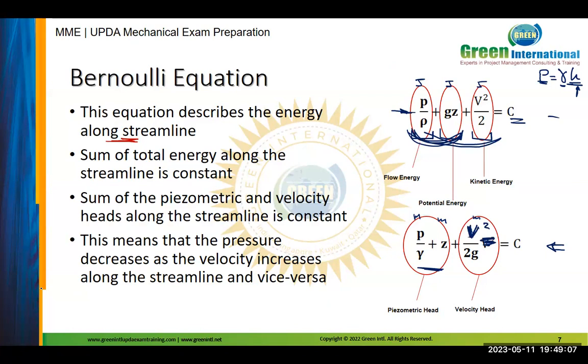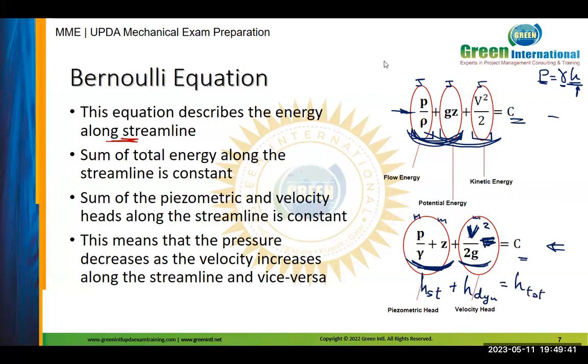This is not true, because you multiply the energy equation by density. If you multiply here density, P, density gamma Z, density rho V square, yes, rho V square over 2 equal to constant. This is the form of pressure. So the first two here are the piezometric pressure, this is the dynamic pressure, and the final one is the total pressure.